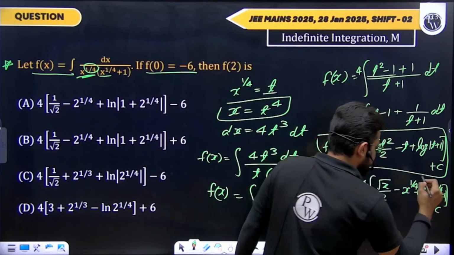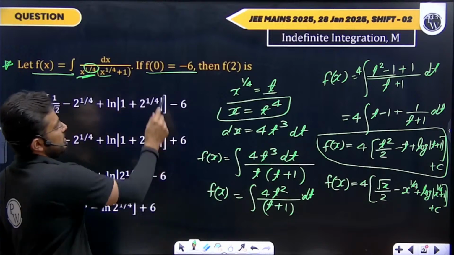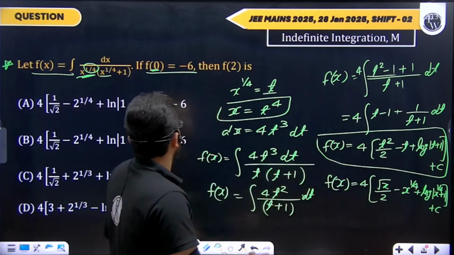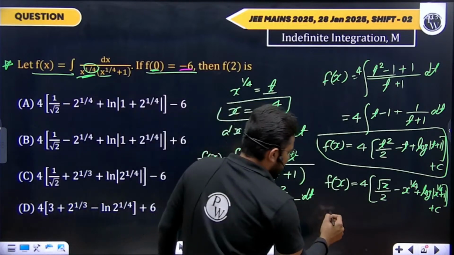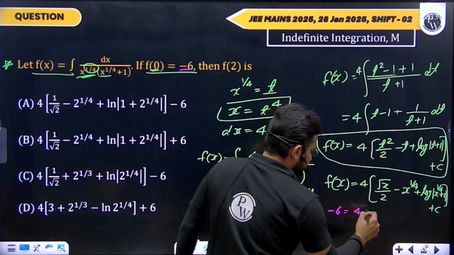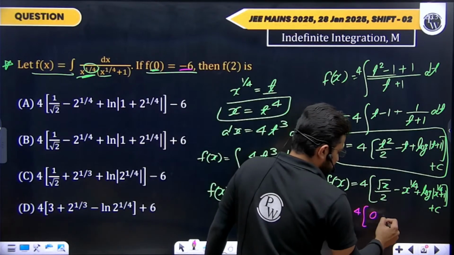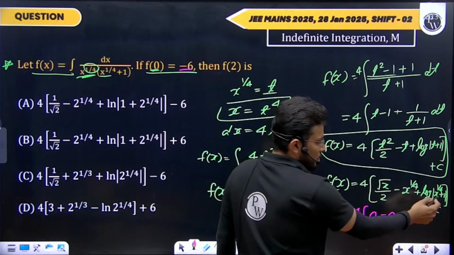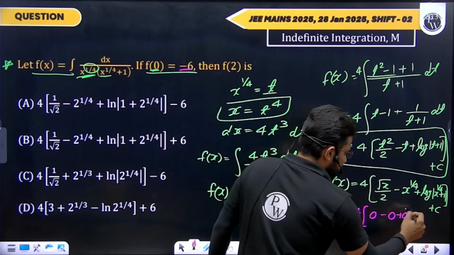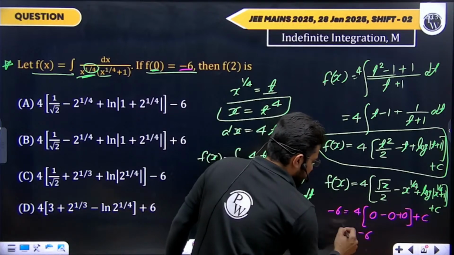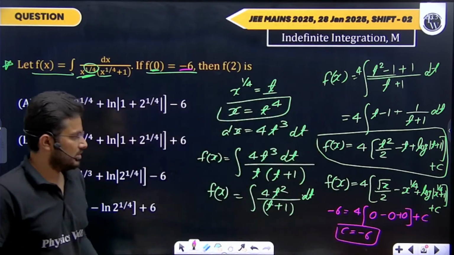Plus c. To calculate the value of c, we have to put x equal to 0, and f of 0 will be minus 6. So minus 6 equals 4 times, if we put x equal to 0, then 0 minus 0, log of 1 will be 0, plus c. So here we get the value of c as minus 6.